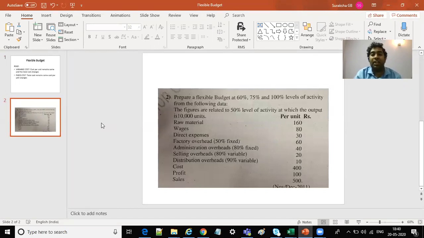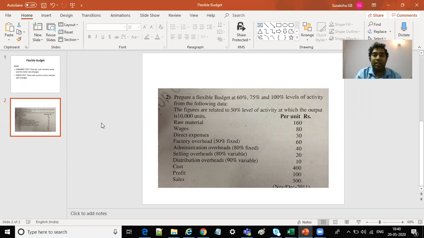Prepare a flexible budget at 60%, 75%, and 100% levels of activity from the following data. The figures are related to 50% level of activity at which the output is 10,000 units. The various expenses are given for producing 1 unit. Raw material 160 rupees, wages 80, direct expenses 30, factory overhead 60, which is 50% fixed and 50% variable.